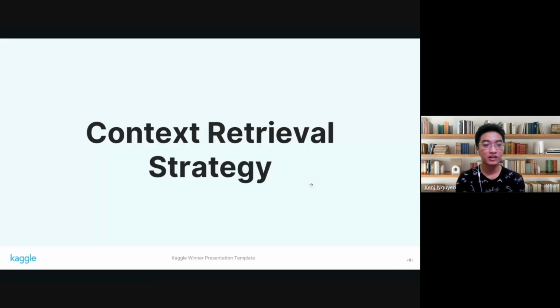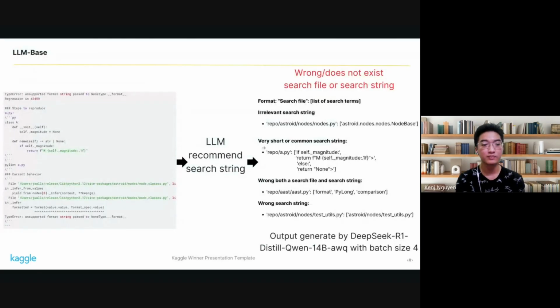Now let's go into more detail about my context retrieval. We started with LLM-based methods, like the public notebook with a simple instruction for the model to read the problem and return a file name and function. But it creates many wrong outputs.